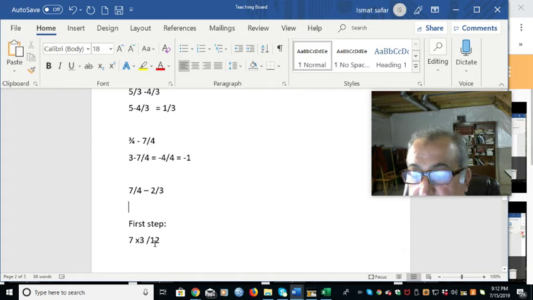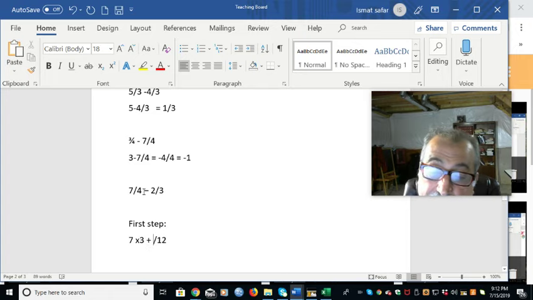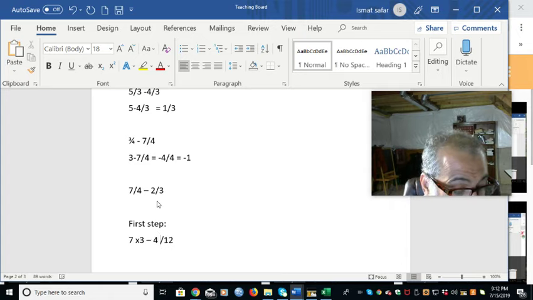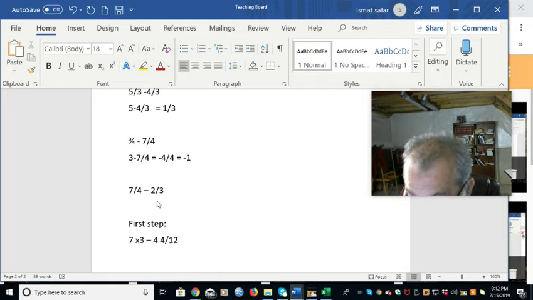Then, remember the minus sign, minus the bottom of the first fraction, 4, times the numerator of the second fraction, 2.